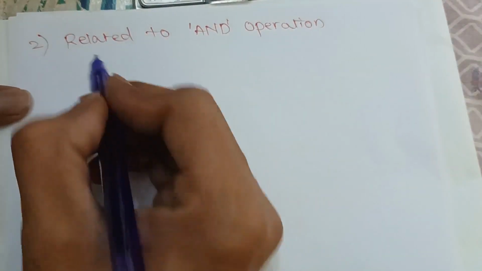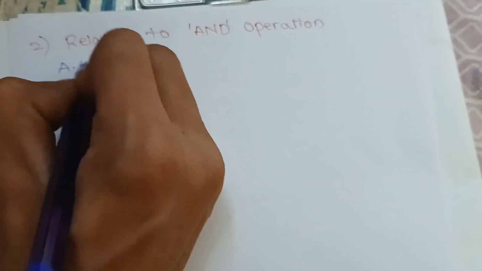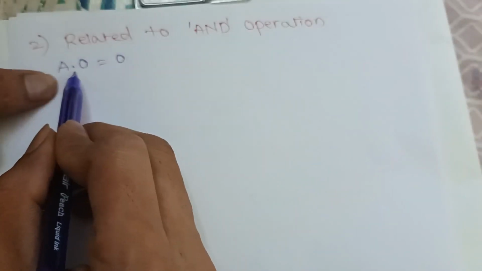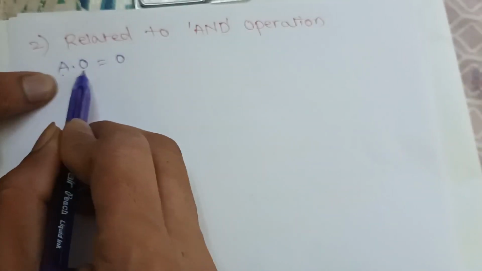The first property is a dot 0 is going to give you 0. This dot represents the AND operation between two variables.